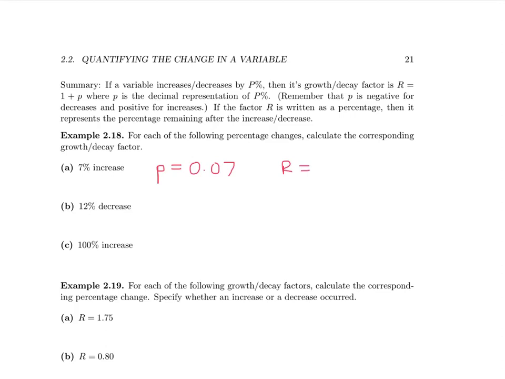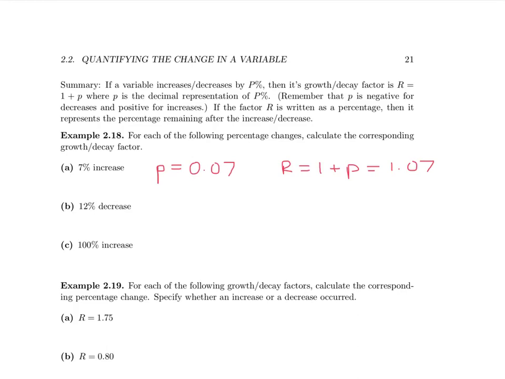R, our factor, is therefore 1 plus p, which would equal 1.07. So in this case, R is a growth factor. It corresponds to a 7% increase in the variable. Let's look at part B.